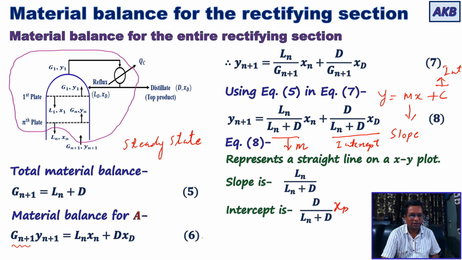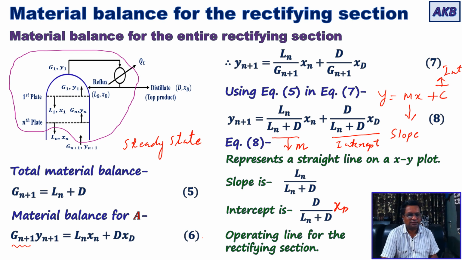This line is nothing but the operating line for the rectifying section. So this line will describe operations in the rectifying section: a straight line with slope Ln upon Ln plus D and intercept on the y-axis.